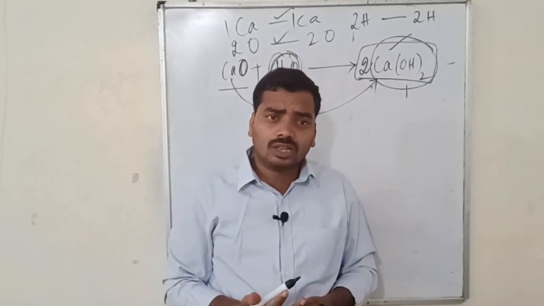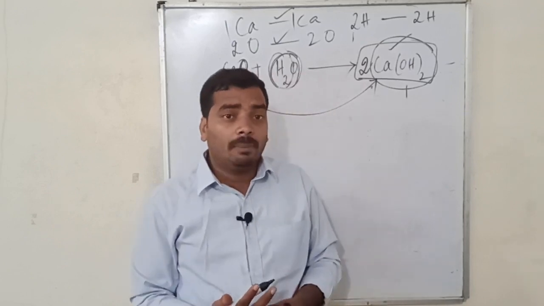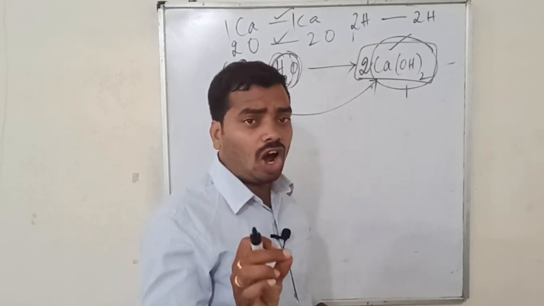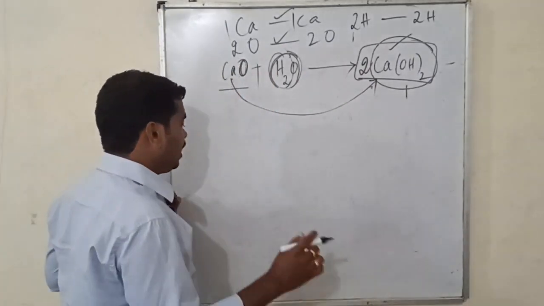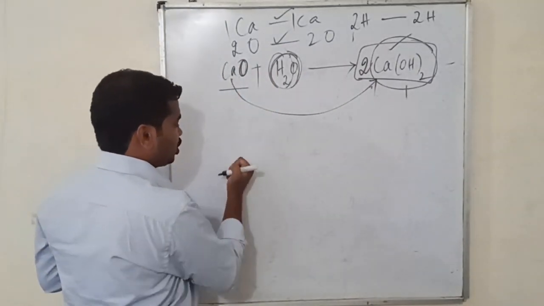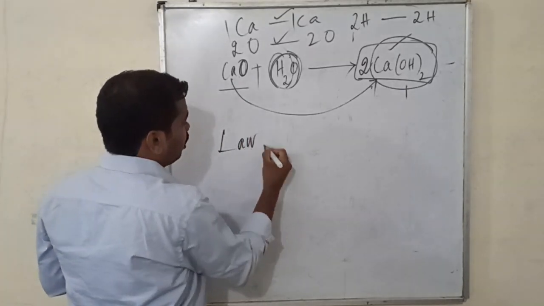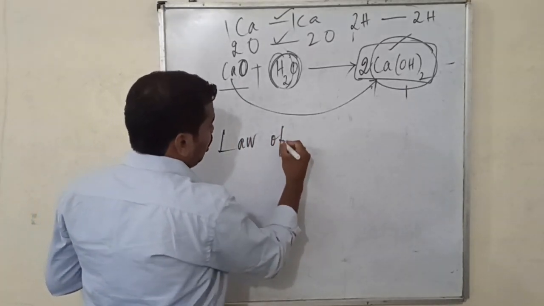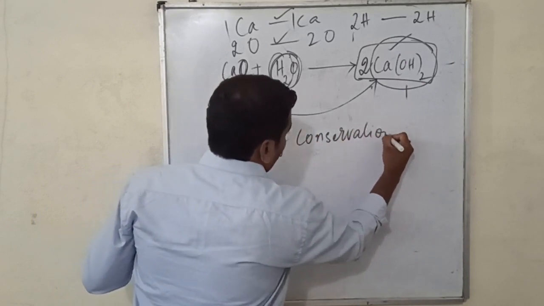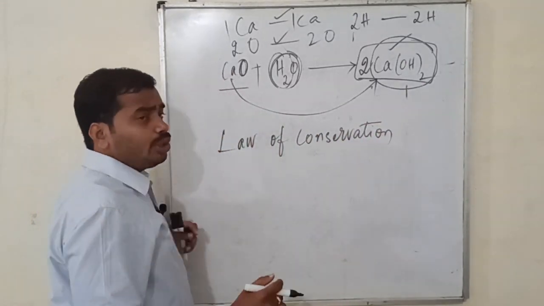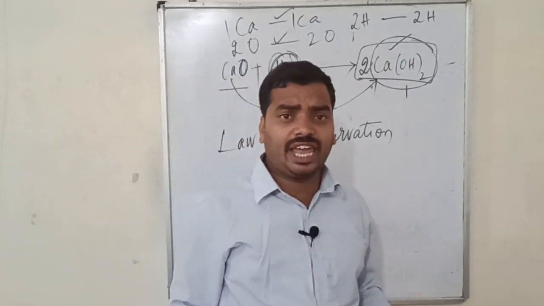So will this happen? No, not at all, because there exists a law in nature which has to be abided by, that is the law of conservation of mass. Remember, this law is very, very important. Law of conservation of mass. No new mass would be created anywhere.